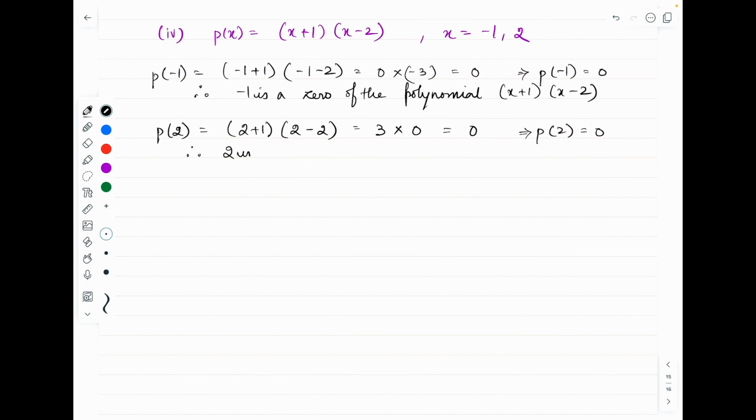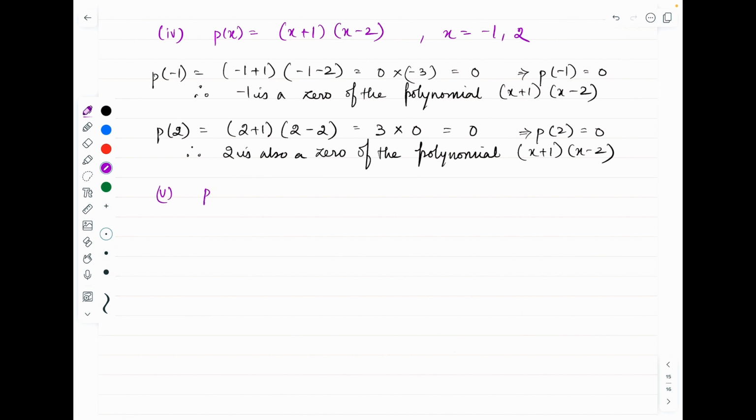So we can write that 2 is also a 0 of the polynomial x plus 1 into x minus 2. Getting it? Both of them are zeros of the polynomial. Then the fifth question.